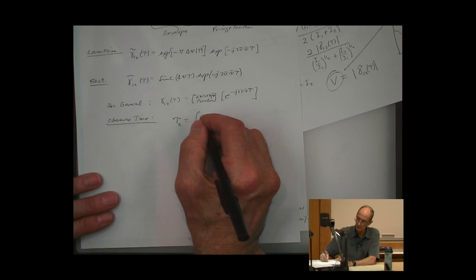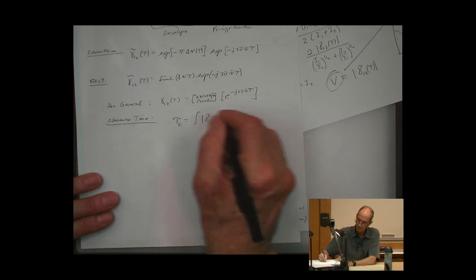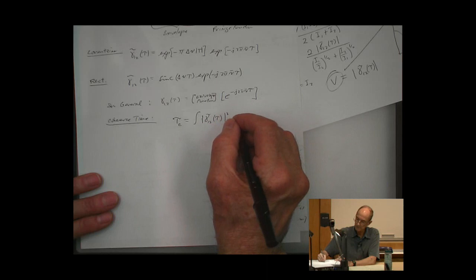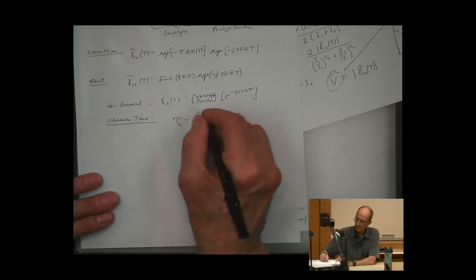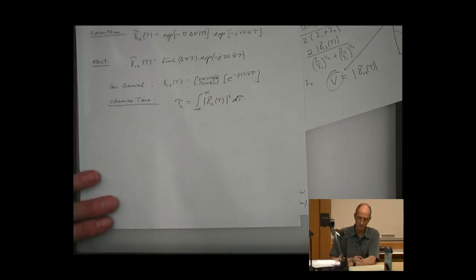So if we have this gamma 1, 2 of tau times its complex conjugate, integrating that over infinite time gives us the coherence time, all right?